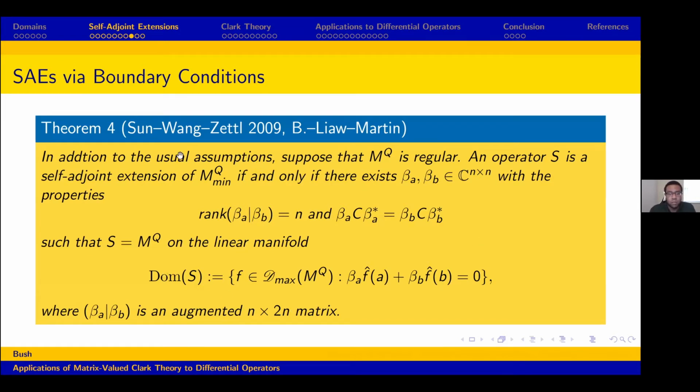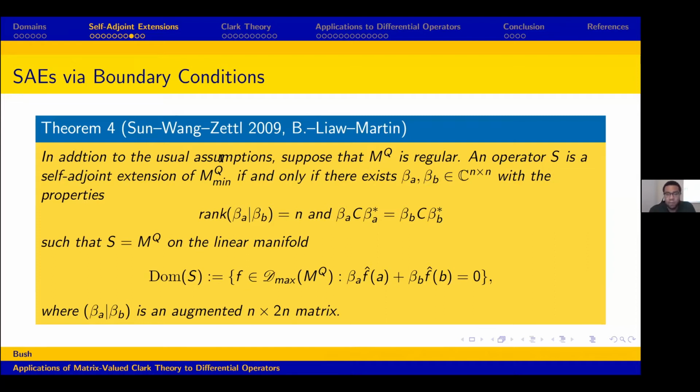this is owed to Sun, Wang, and Zettl in 2009. And myself and my collaborators proved it in a slightly different way. Because funnily enough, there's been a couple of groups around the world working on this stuff, and they've all have slightly different versions of how to do it.